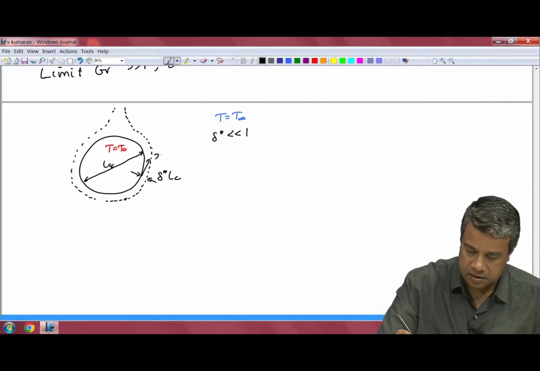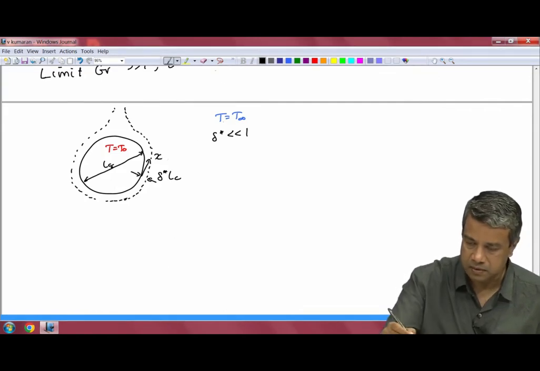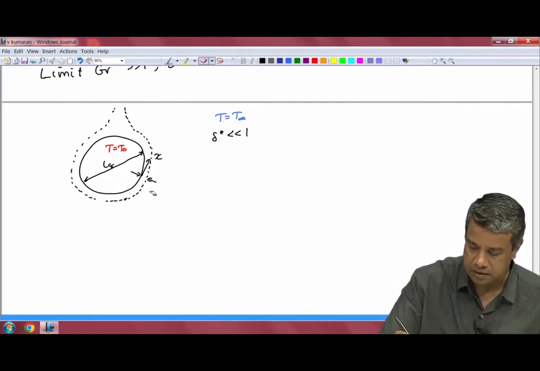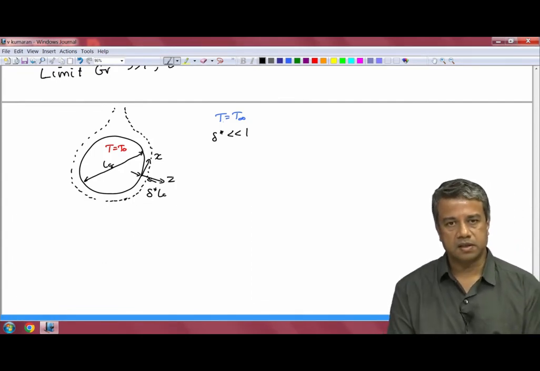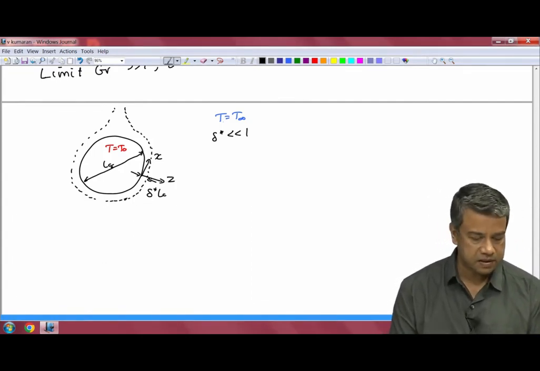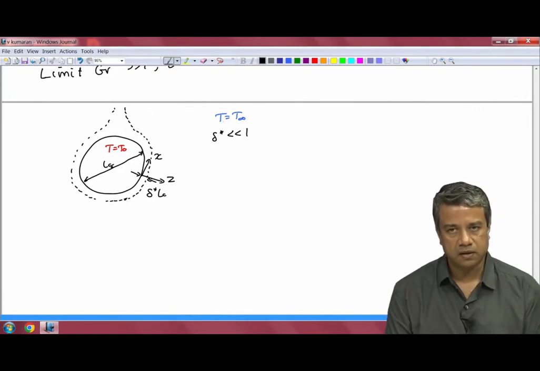At each location, I use cross stream distance z perpendicular to the surface and streamwise distance x along the surface.